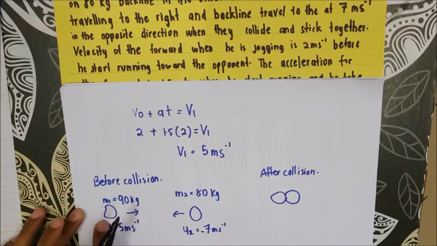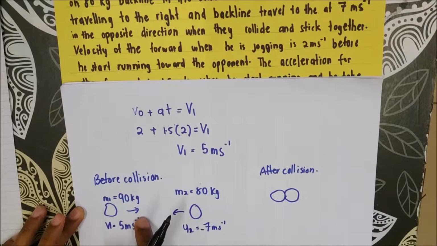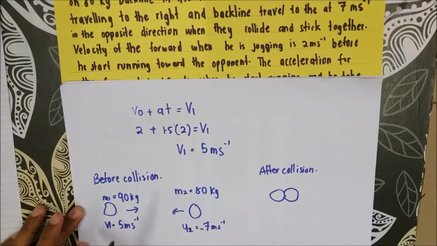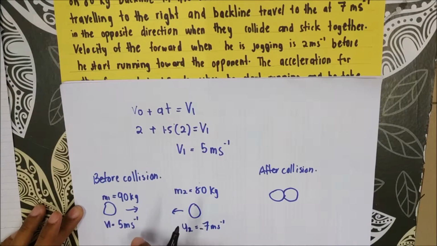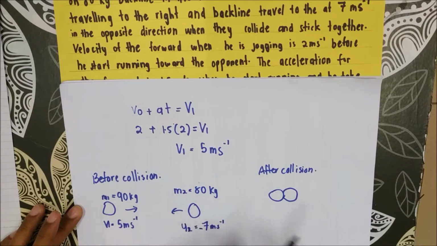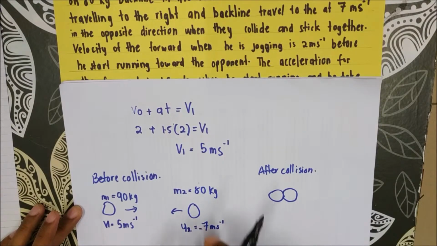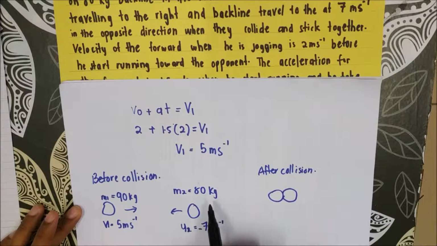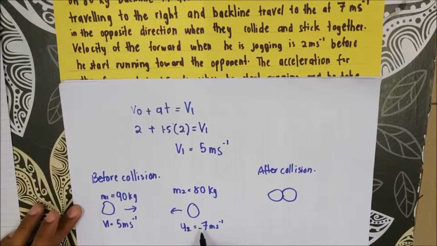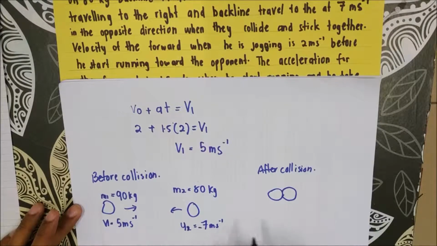He moves from left to right with a mass of 90 kg, and a velocity of 5 meters per second. This represents the backline player with a mass of 80 kg, moving from right to left with a velocity of negative 7 meters per second.